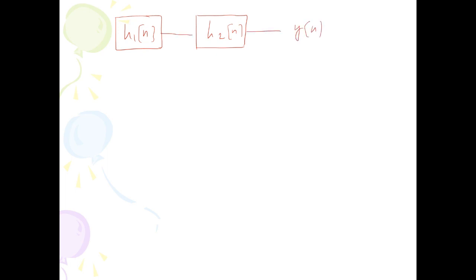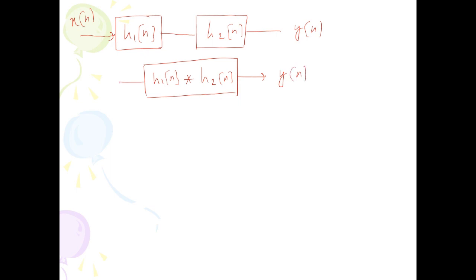There is a connection between these two. So here is x of n. This is nothing but h1 of n, and this will be the output y of n, and this is x of n.